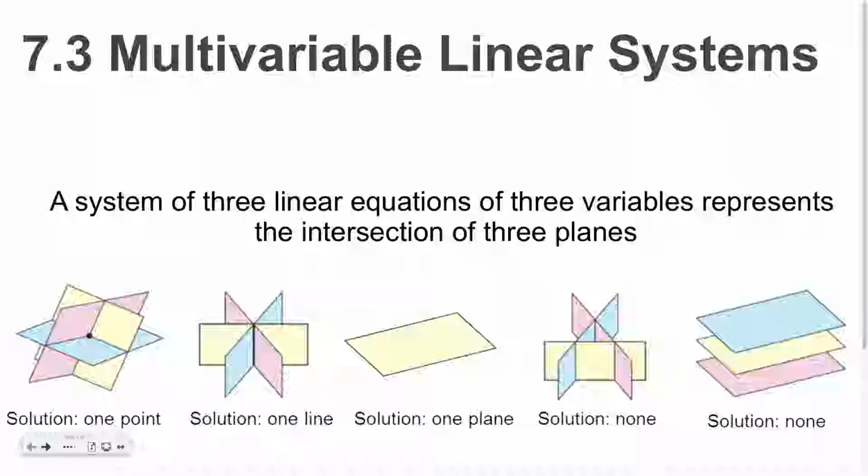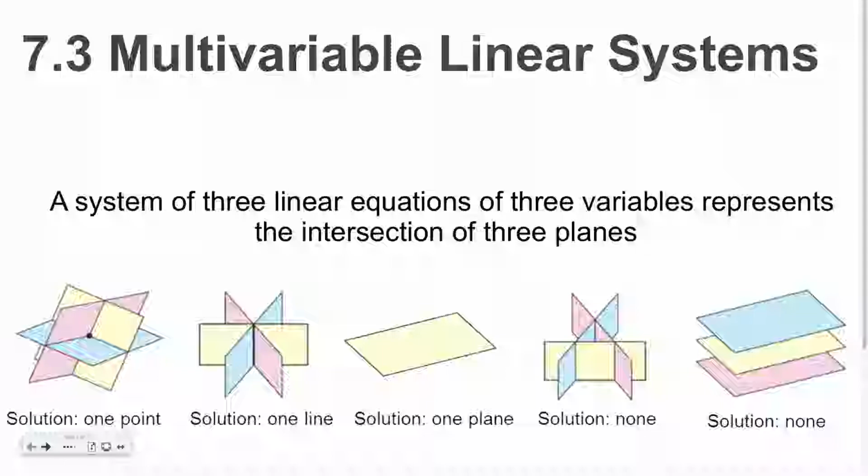So we have some options as to what can be happening if our three planes are hanging out. Okay? It is possible, like in number 7 and number 8 on your worksheet, that our three planes intersect at a point. It is possible that our three planes have more than one solution, like in an infinite number of solutions, but it can look two different ways.